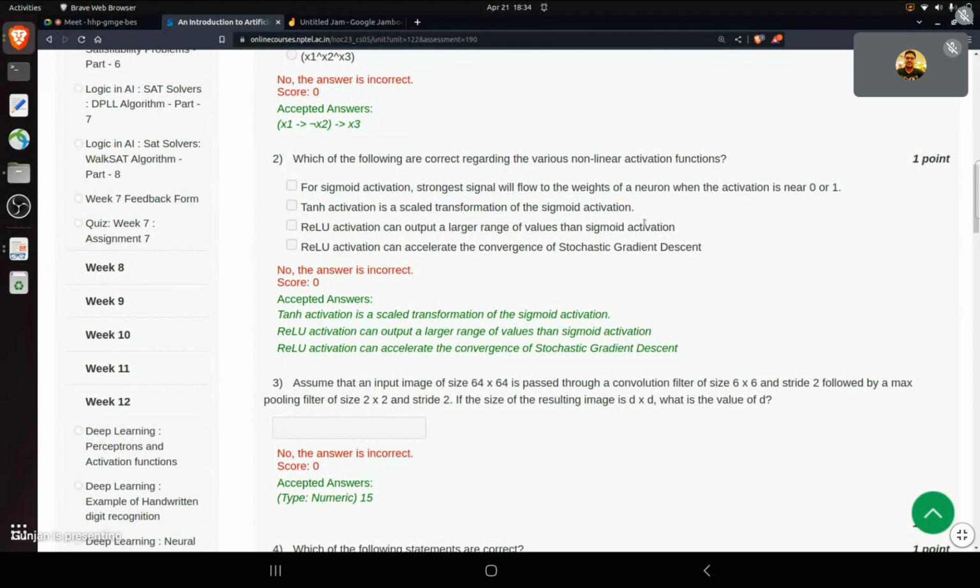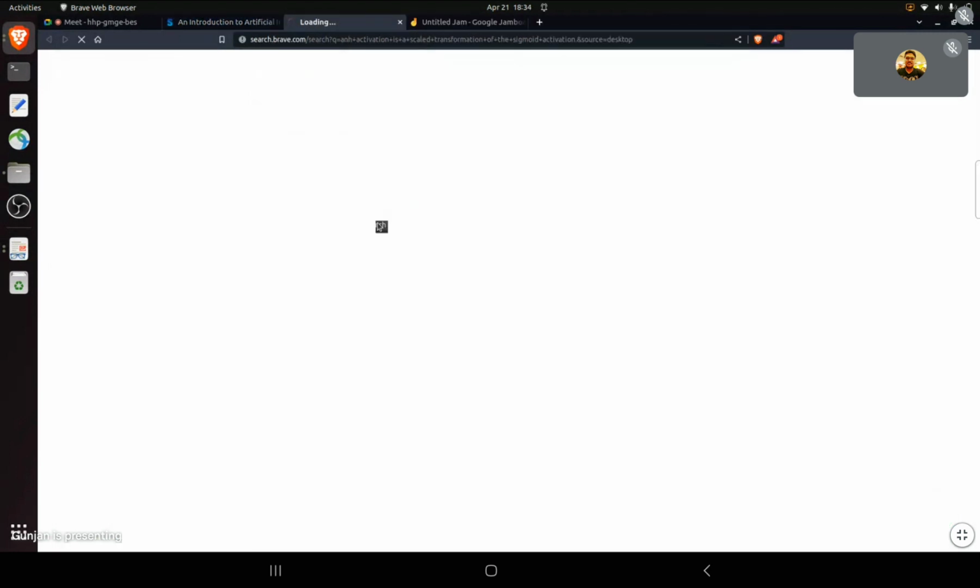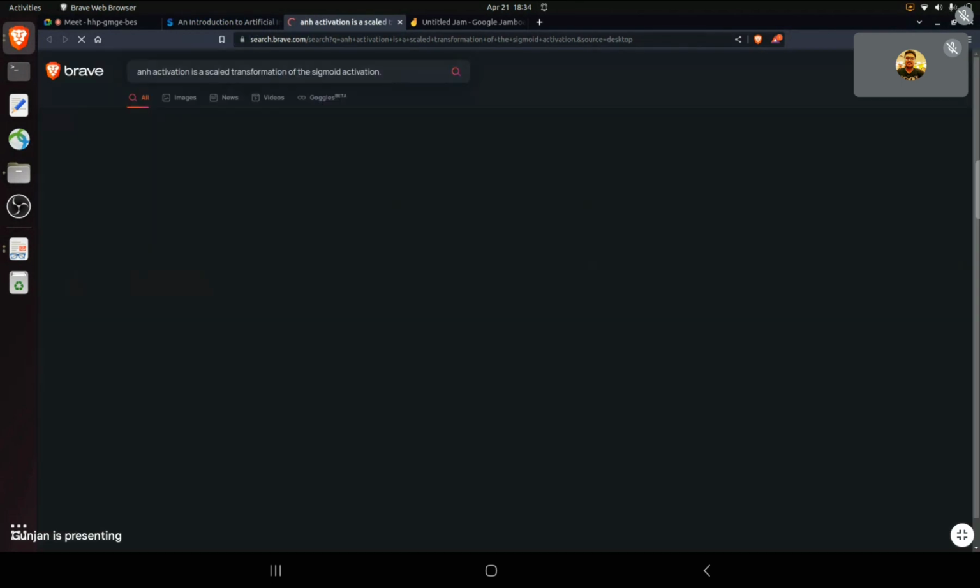Tanh is actually a scaled and shifted transform.